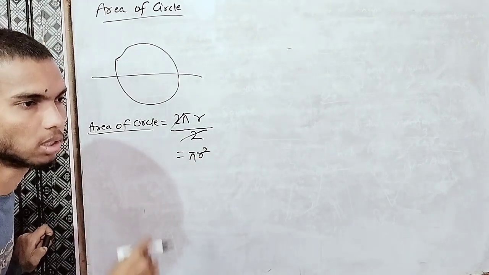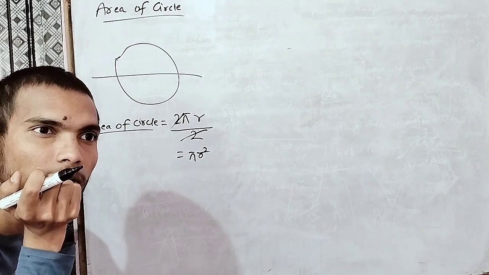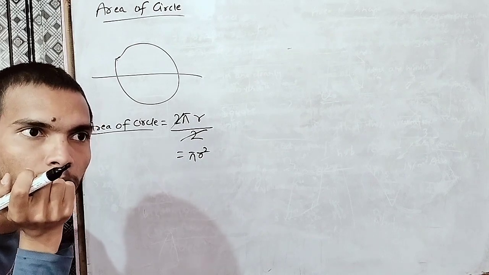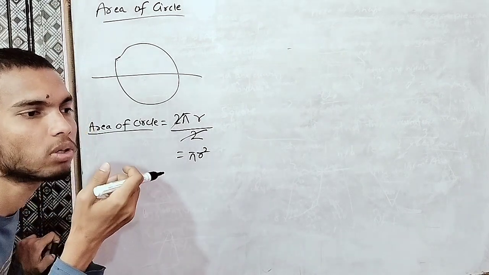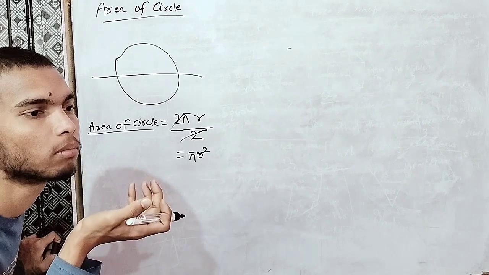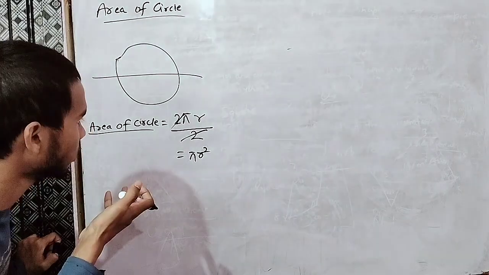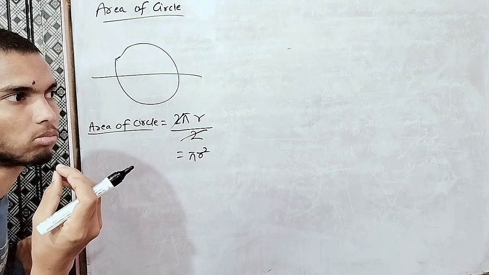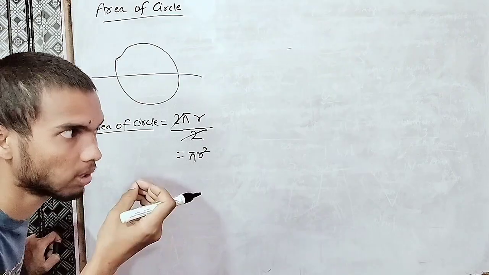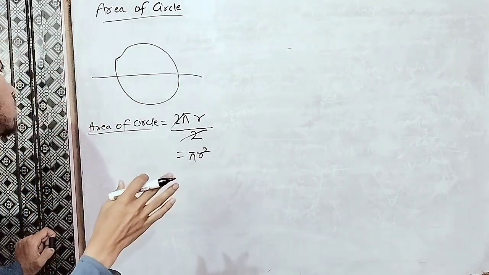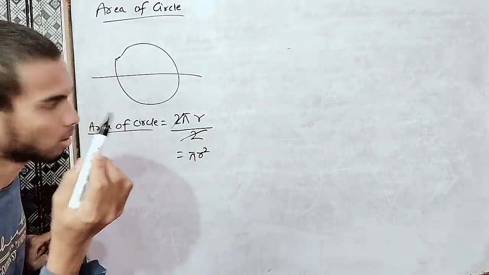A square, you can also understand, is used for area. Here we are talking about the area of a circle.